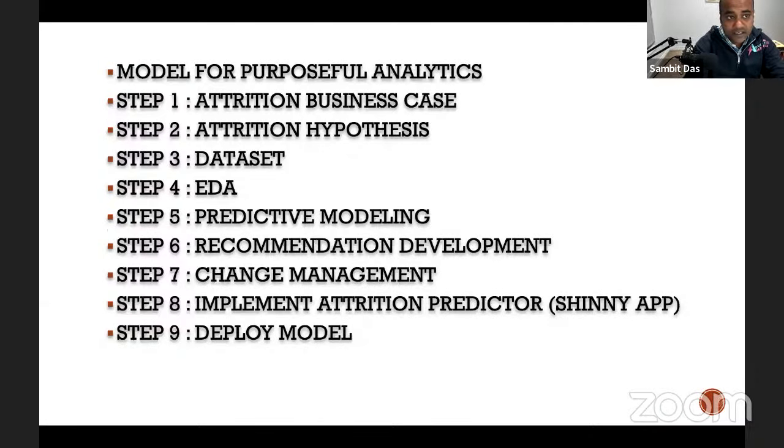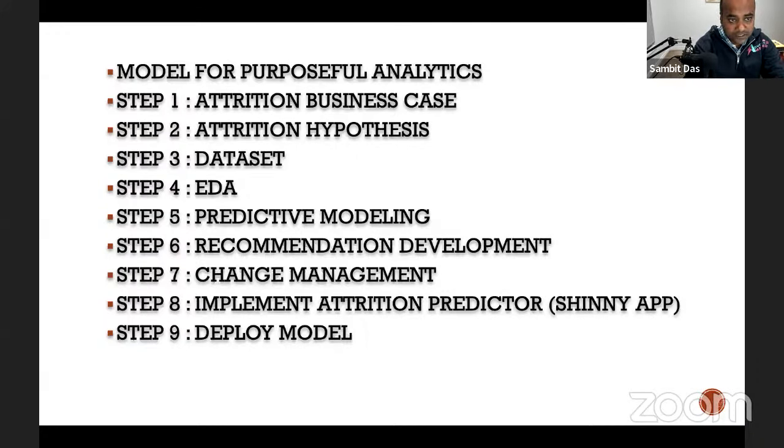This is basically the agenda for my session. I'm going to talk about the business case first, because I believe we need to start with a business problem before we start doing analytical work. That is how I approach my analytics projects. I try to break down and understand what the business problem is.